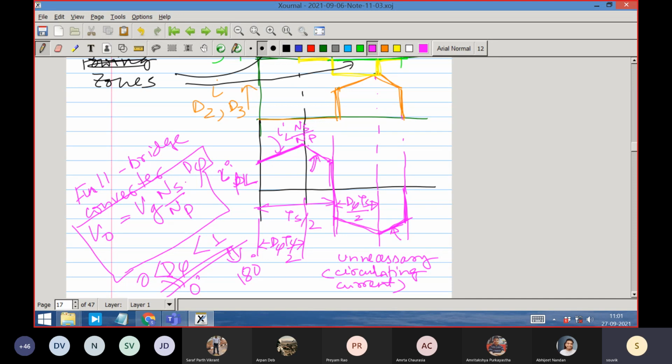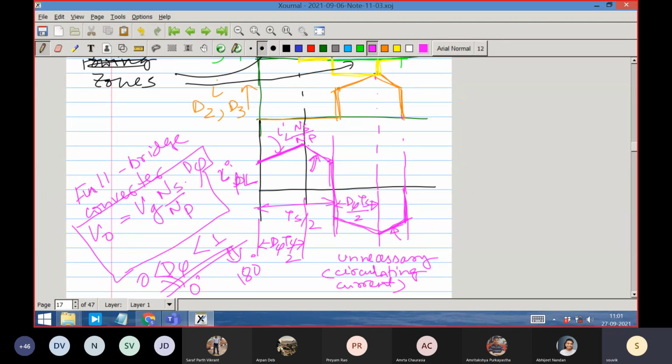Because the secondary side inductor is seeing double the switching frequency. fs is the switching frequency of Q1, Q2, Q3 and Q4 independently, but the secondary side inductor is seeing a voltage which has a frequency of 2fs.